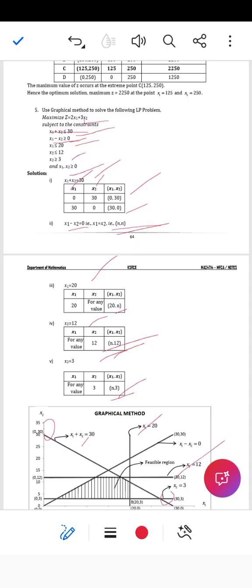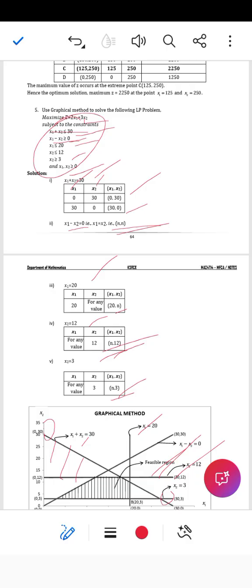In a similar manner we draw all the lines: x1 minus x2 equal to 0, then x1 equal to 20, x2 equal to 12, and the last one x2 equal to 3.